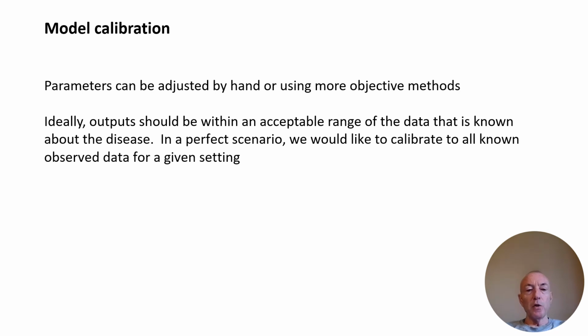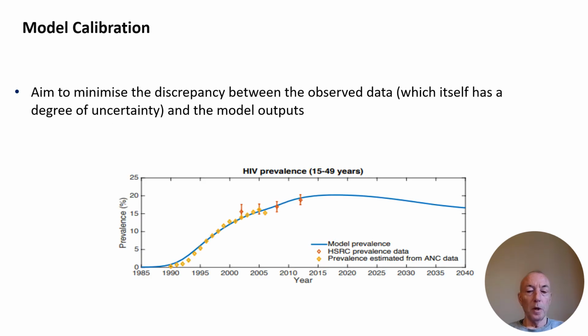So parameters, values of parameters that we're going to use to run our model, can be determined by hand or by using more objective methods. Ideally, outputs should be within an acceptable range of the data that is known about the disease. In a perfect scenario, we would like to calibrate to all known observed data for any given setting. So, for example, this graph is showing the prevalence of HIV over time in South Africa.